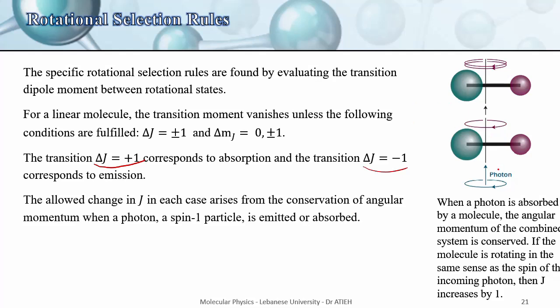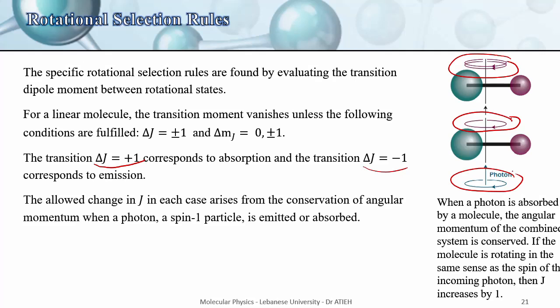Here in the adjacent figure, you can see a molecule rotating, and after the absorption of a photon, the new total angular momentum of the molecule is equal to the old angular momentum plus the spin of the photon. So when a photon is absorbed by a molecule, the angular momentum of the combined system is conserved. If the molecule is rotating in the same sense as the spin of the incoming photon, then J increases by 1.